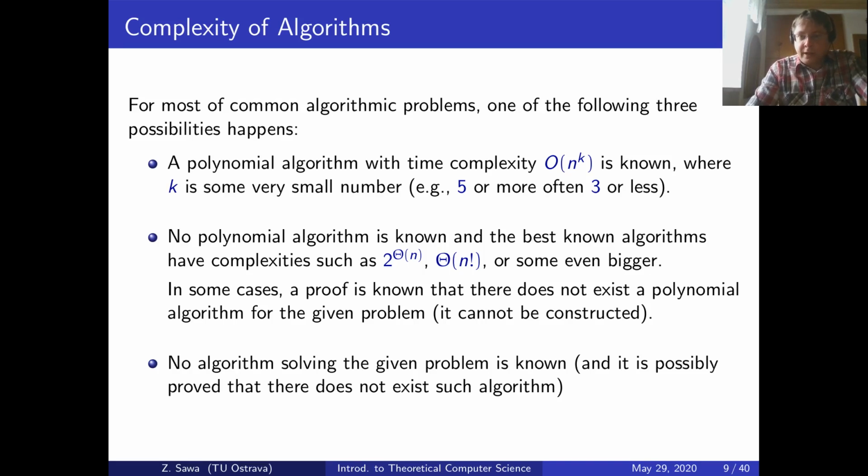So there are even problems that can be formulated precisely in mathematical terms, but for which it can be proved that there cannot exist any algorithm that would solve them.